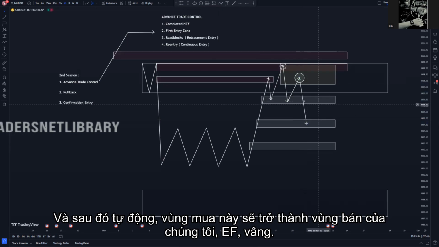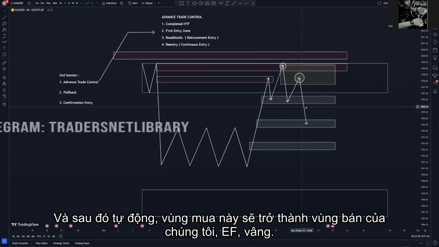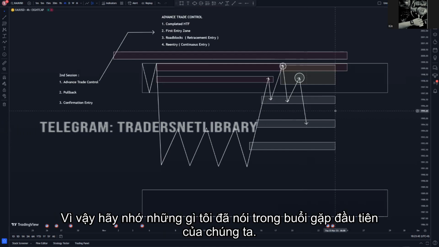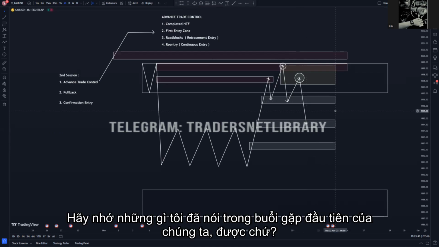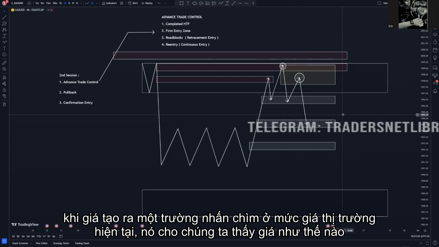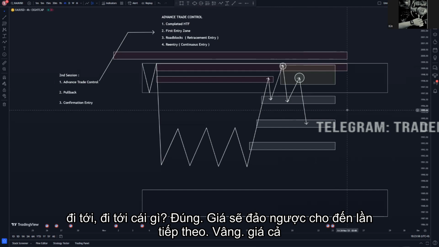And then automatically, this buy zone is going to be our sell zone, EF, yes. So remember what I said in our first session. When the price creates an engulfing sell at the current market price, it shows us the price is going to what?